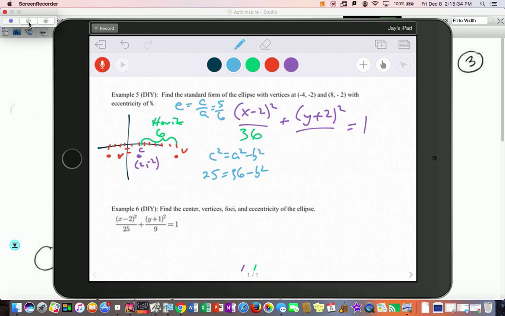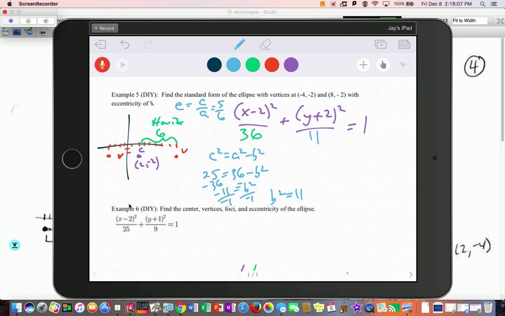So what's b squared? If you solve this, you subtract the 36, you get -11 equals negative b squared. And divide both sides by -1. b squared is 11. So we can put an 11 under that one. So that would be your standard form.